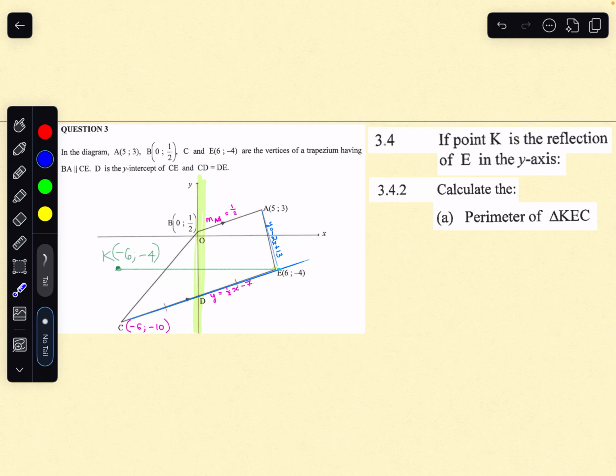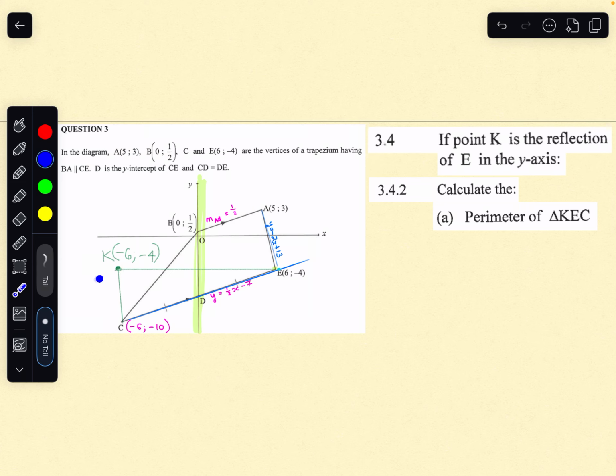KEC. Okay, so that's nice and easy because we're just using the distance formula. Perimeter is just adding up the lengths of the sides of the shape. This one is easy to work out because it's a perfectly horizontal line.